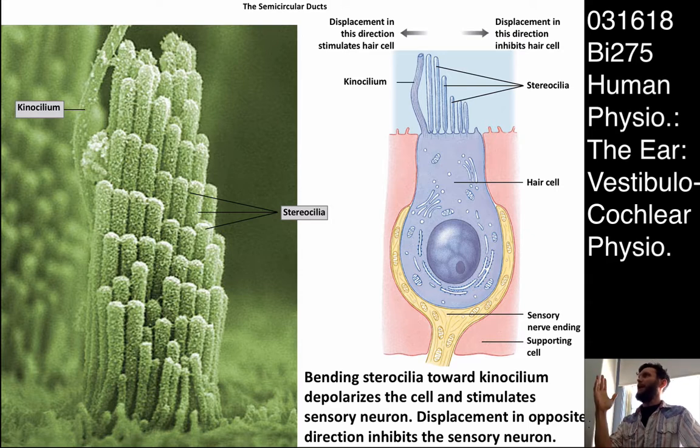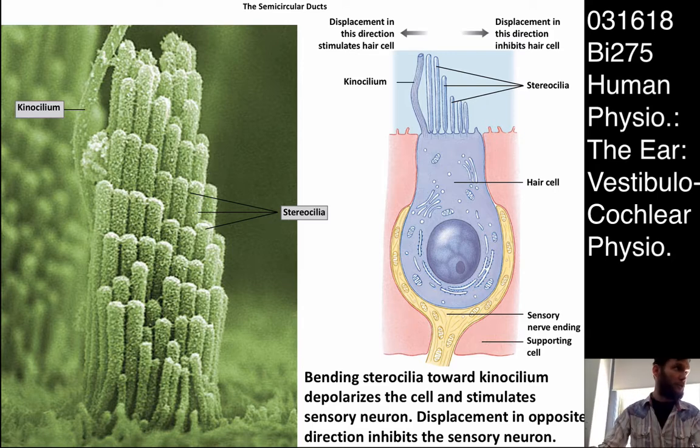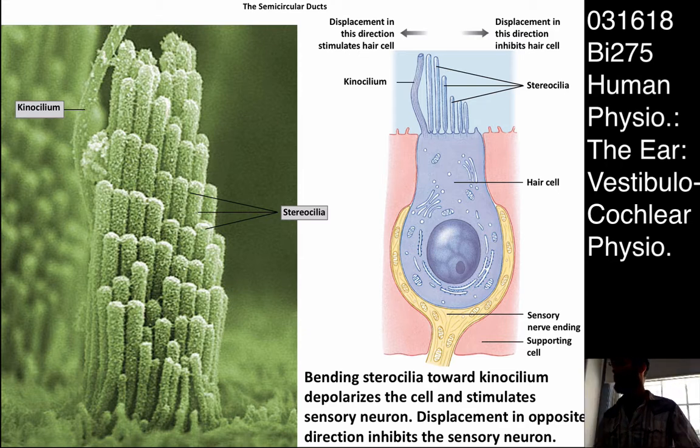If the stereocilia bend away from the kinocilium, it's going to return one kind of information, versus if they're bending towards the kinocilium, it's going to give a different kind of sensory information to the central nervous system. This gives you the directionality so that you can tell the difference between doing a front flip versus a back flip, if that makes sense to you. The kinocilium gives a directionality to the information that's returned by the hair cells.